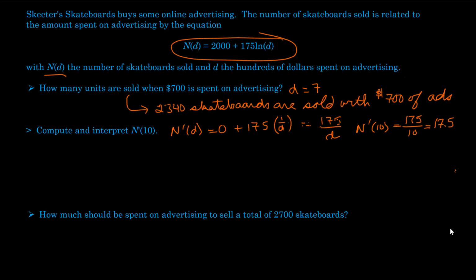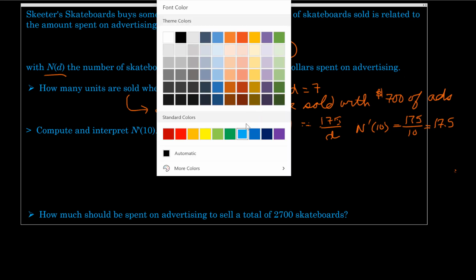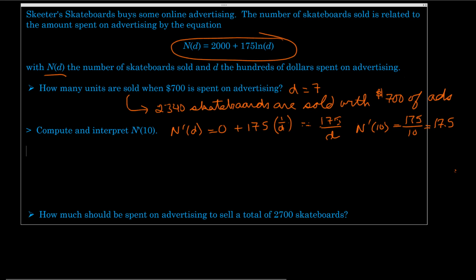Now the question is, what does this mean anyway? What this says is, when we go from spending, now be careful because remember we are working in terms of hundreds of dollars, so we put a couple zeros behind it.